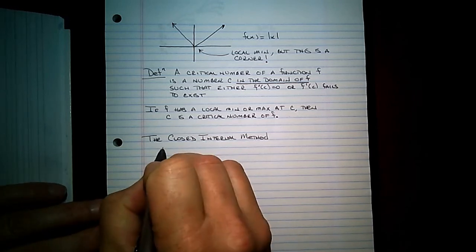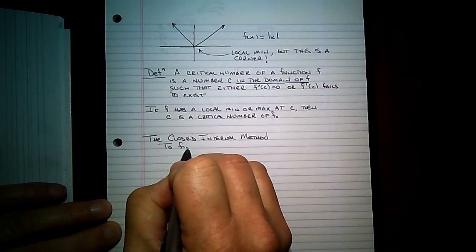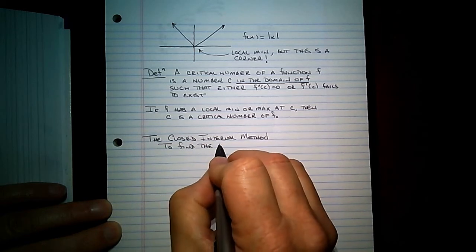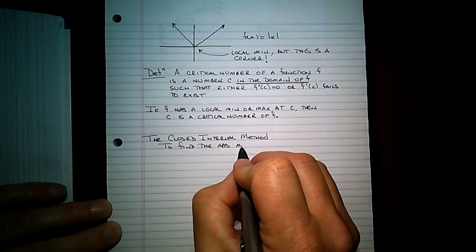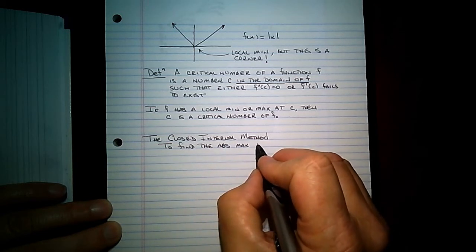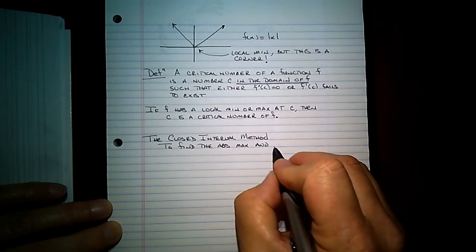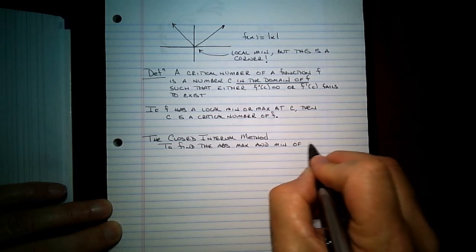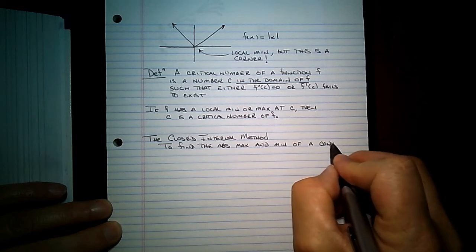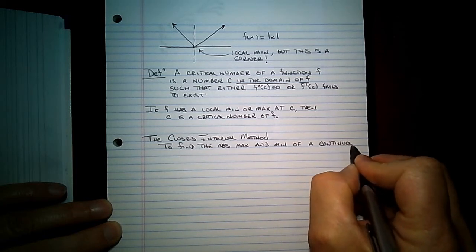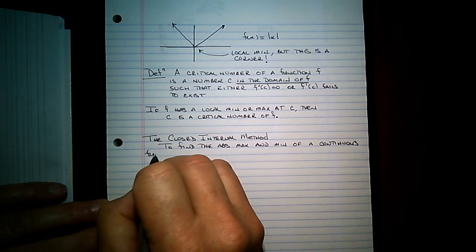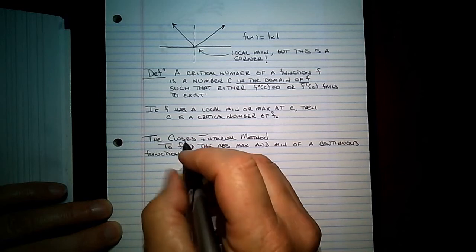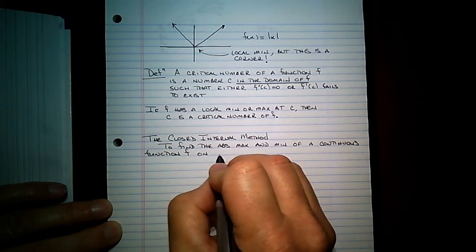So it says this: to find the absolute max and min of a continuous function f on a closed interval.